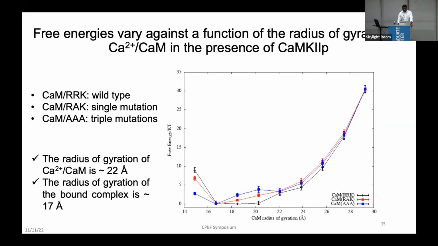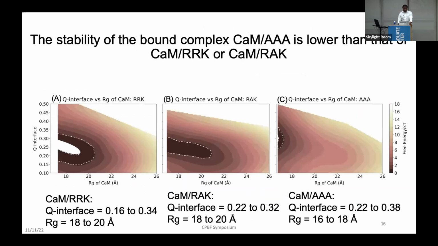To gain more insight, we also added a new order parameter, the probability of contact at the interface between calmodulin and the peptide.